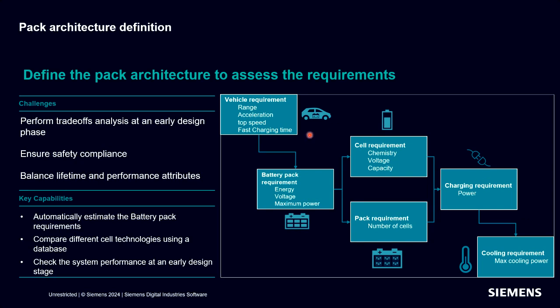So this kind of study you would probably do before you actually start doing cell performance. You basically input the requirements for the car right here, and then you get some information that you'll need for the batteries, such as energy density, maximum power, voltage, etc.